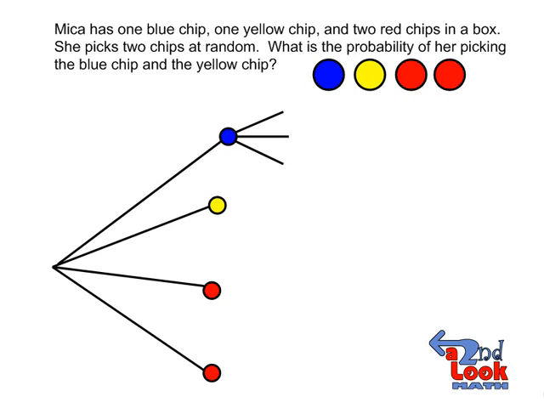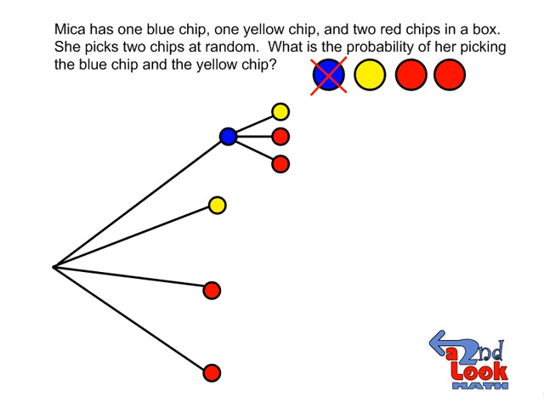After drawing the blue one, there is no mention in the problem of replacing any chips. So if Micah grabbed the blue chip first, then she has left only a few different options. She has the yellow one left, the red one, or the other red one. That's if the blue chip was drawn first.